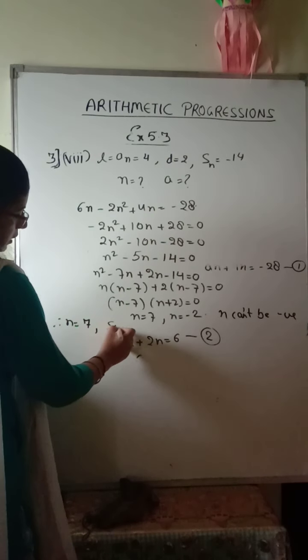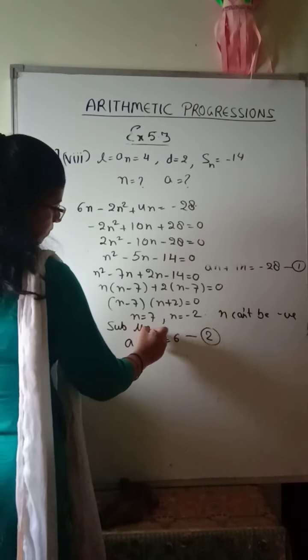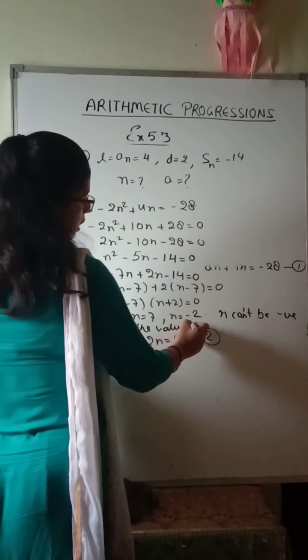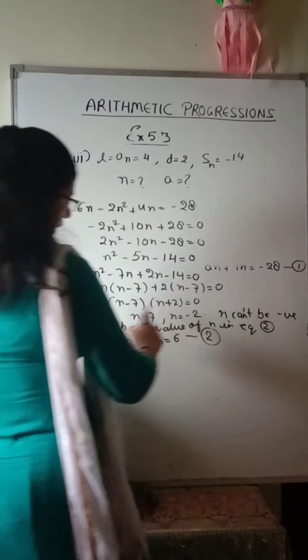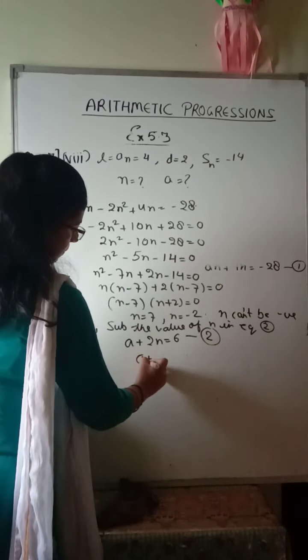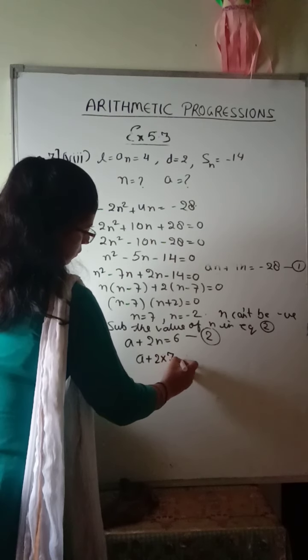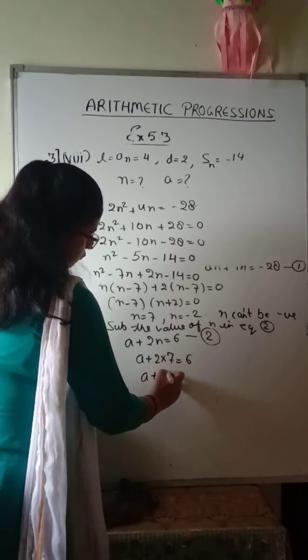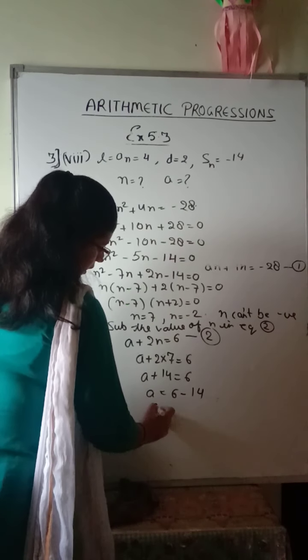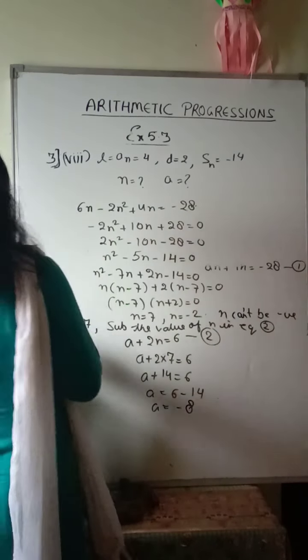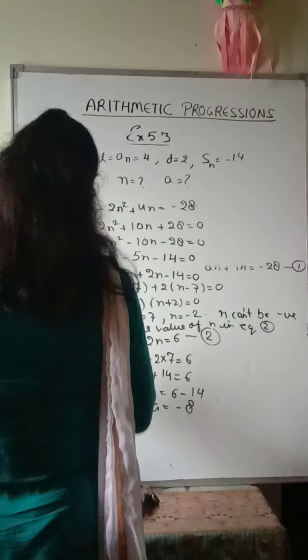Now we can write substituting the value of n in equation 2. अब n की वैल्यू 7 है, यहाँ रख दो. a plus 2 into 7 equals to 6. a plus 14 equals to 6. a equals to 6 minus 14. a equals to minus 8. So we got a equals to minus 8.